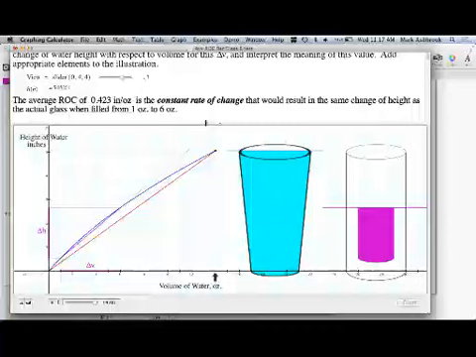So given a function and a specified interval of input, what's the average rate of change over that interval of input? The constant rate is the change in y. I'm just trying to explain some change in terms of y and x.